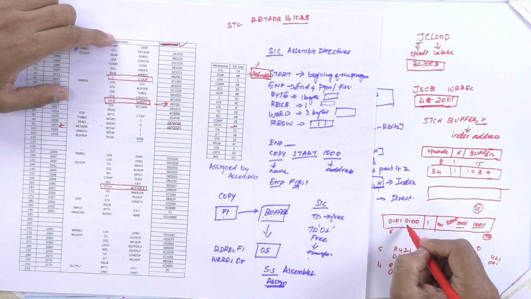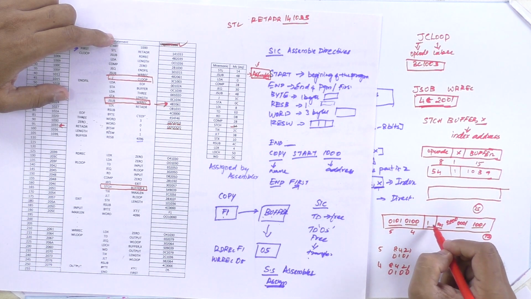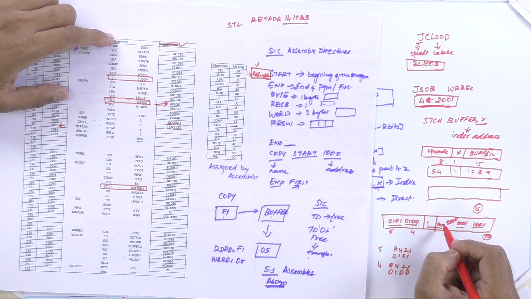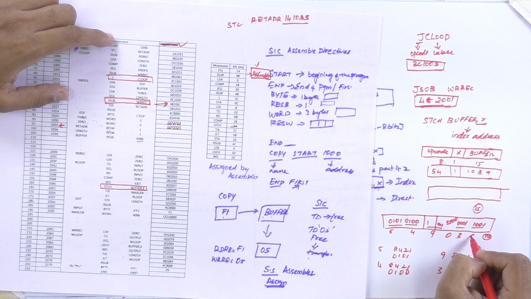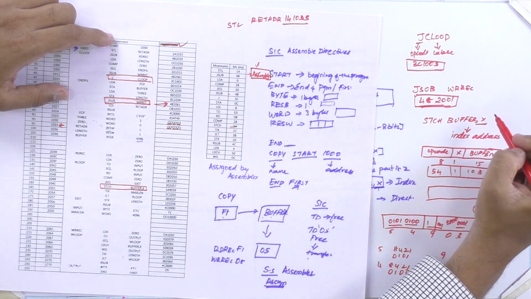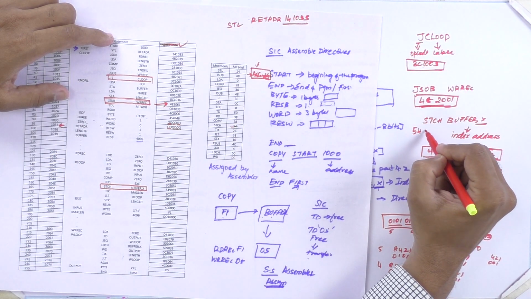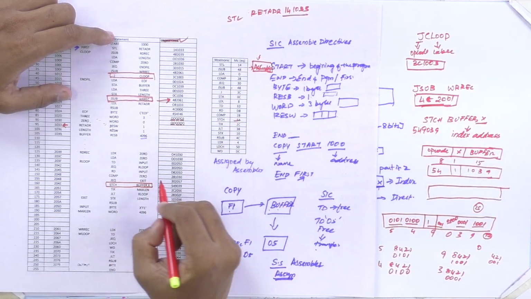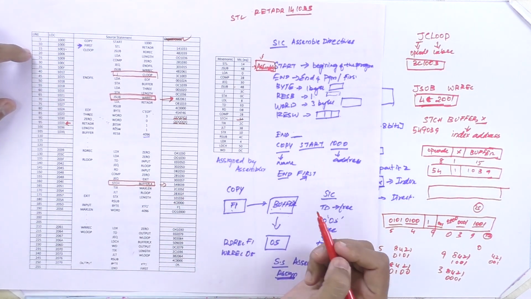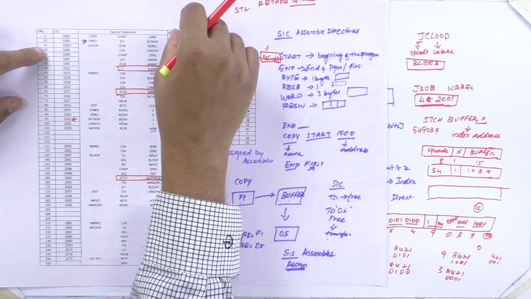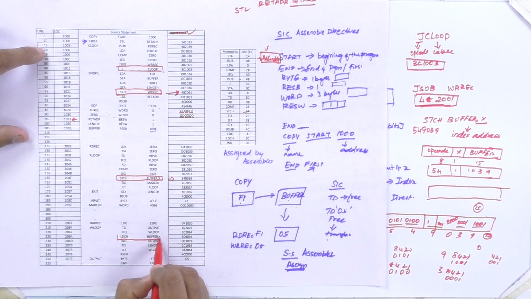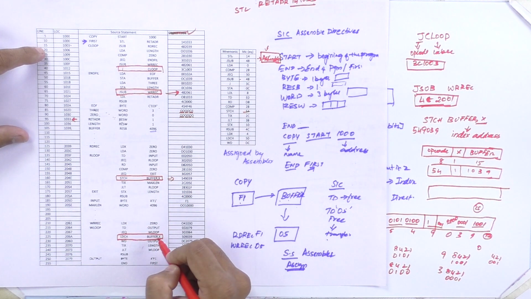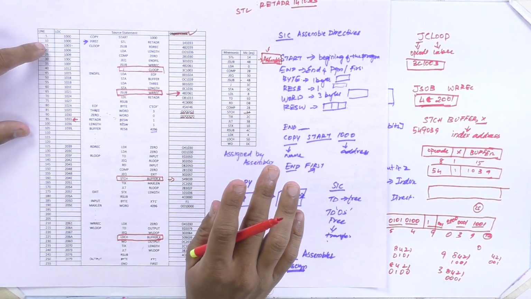Now I'll combine this. 5 is 4 bits, 4 is 4 bits, and X and the address bits are combined. 1001, that means 8 plus 1, 9, and this is 0, this is 3, 9. So the value of STCH BUFFER,X will be 549039. This is how I will generate all the object codes. In this program you will have two index addressing instructions, and all the others are direct addressing modes.